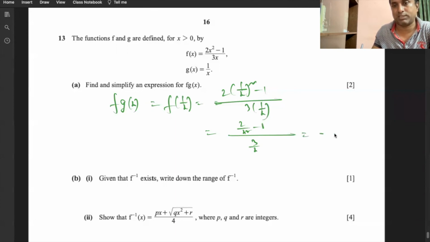If I multiply by x², we get 2 minus x² over 3x. So this answer is (2 minus x²)/(3x).